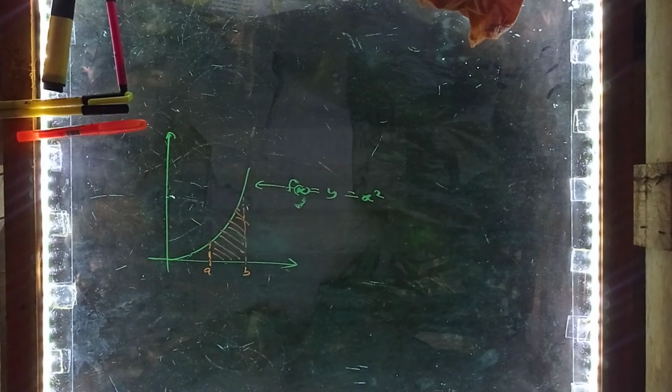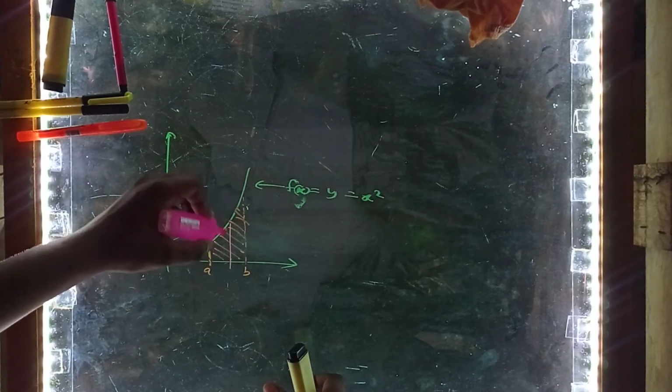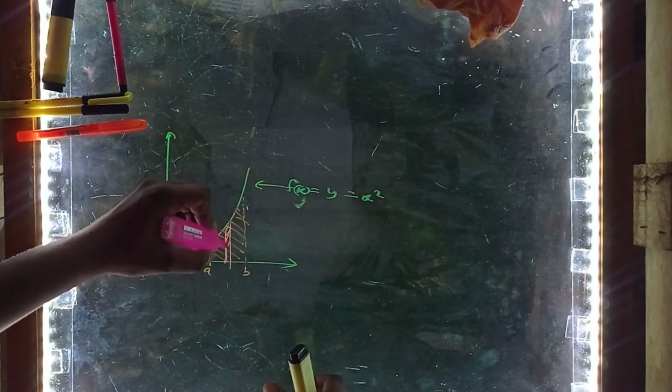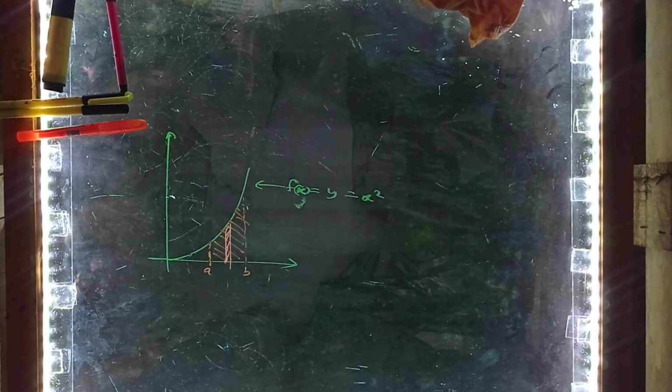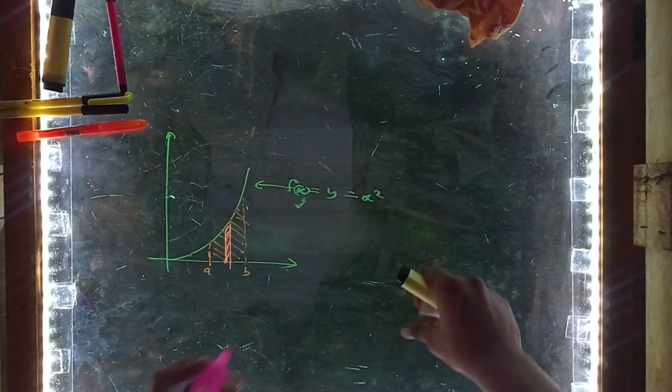Let's imagine there is a very small, tiny slice. If you imagine it, it will decrease up to a rectangle.